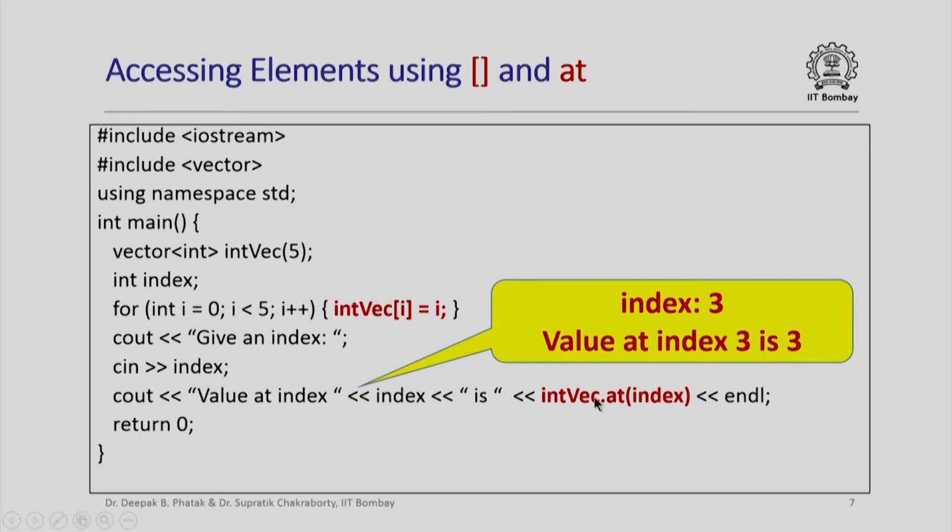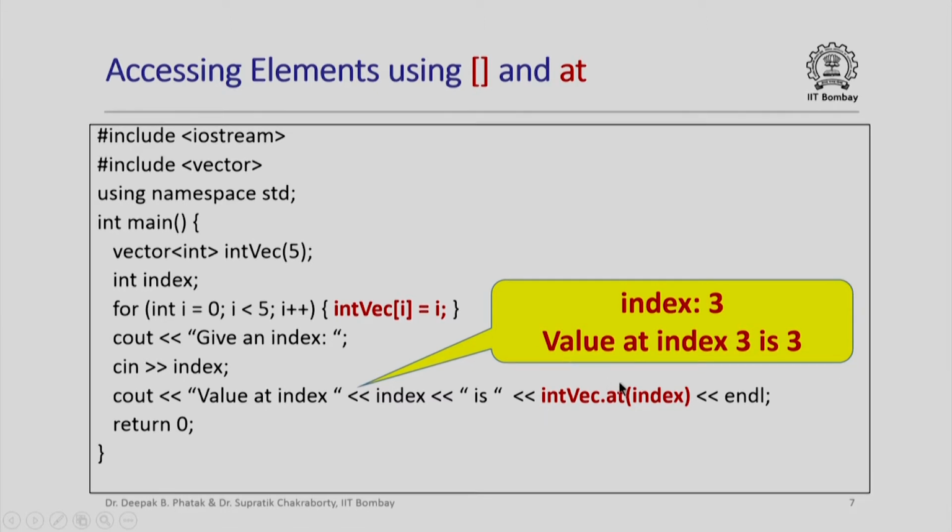However, if instead of intvec.at(index), you had just written intvec[index], then no check would be done whether the index is out of range, and it will simply try to go and access the memory at index positions away from whatever the starting address for int vec is, and this might lead to accessing a bad memory which might cause your program to crash, or it might actually also lead to reading of garbage value.